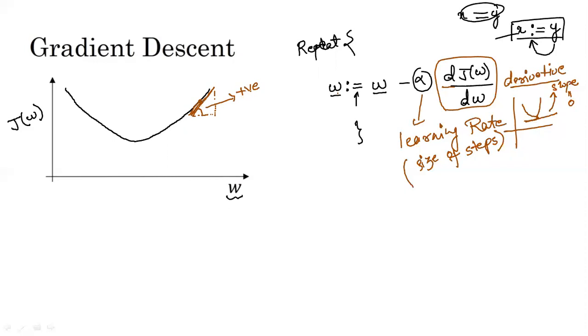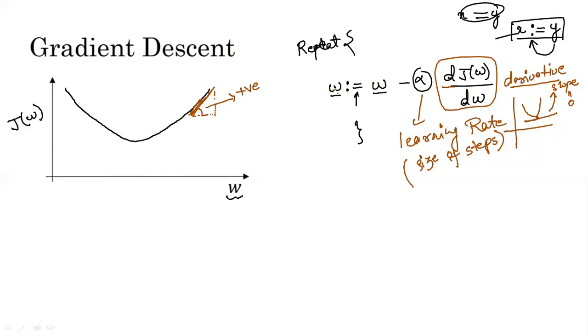So the derivative is positive and the alpha learning rate is positive. When this positive term is subtracted from w, the smaller value is assigned to w, so w will update.